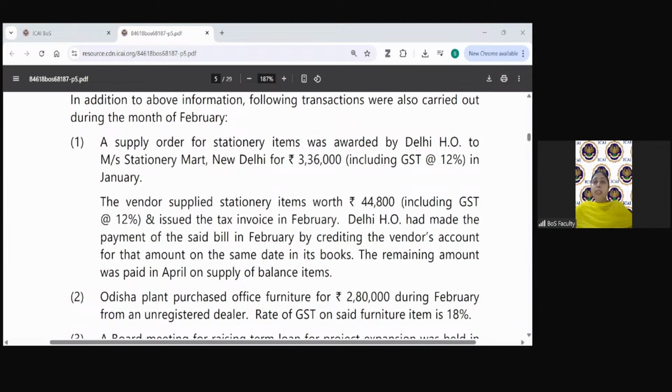The contract value was 3,36,000, and even if we exclude the GST amount, the contract value is more than 2,50,000. Therefore, this particular transaction is eligible for deduction of TDS.